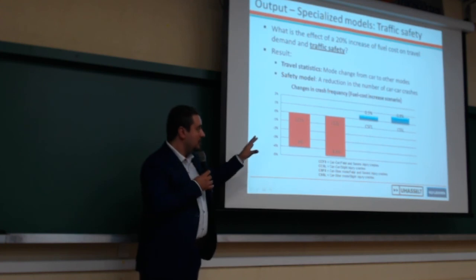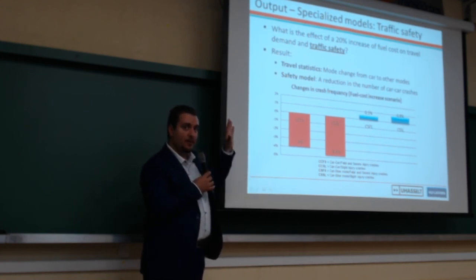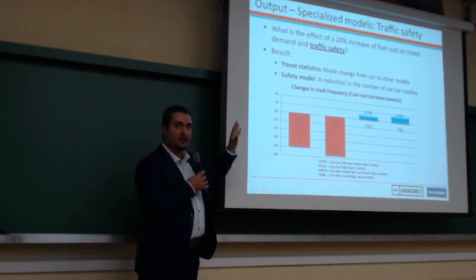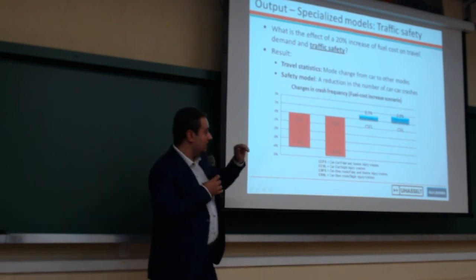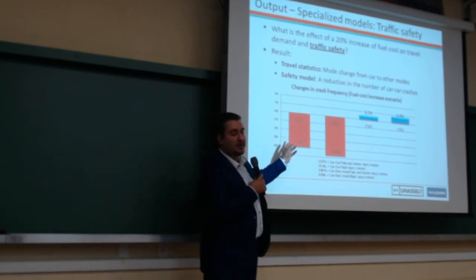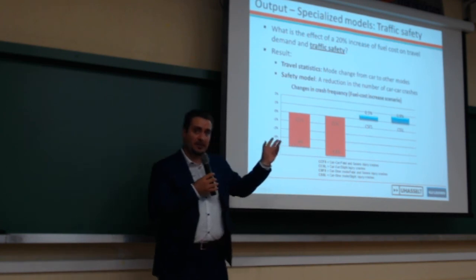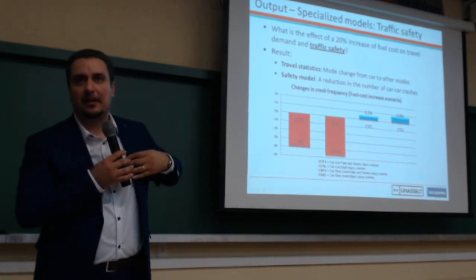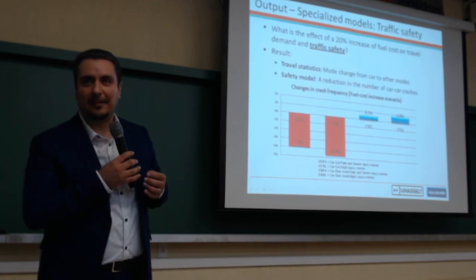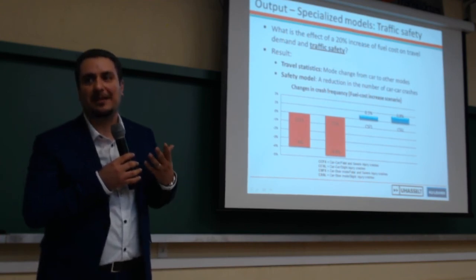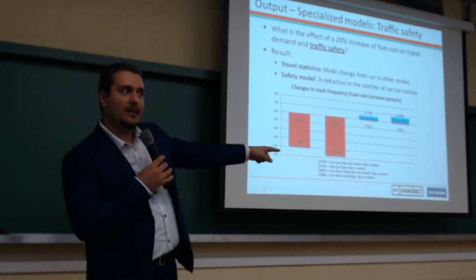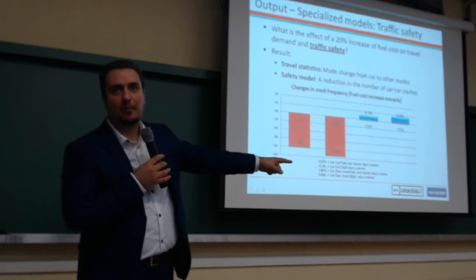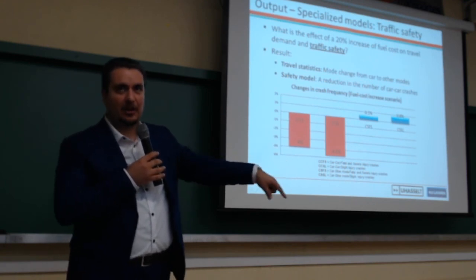So this is important to know that if we increase fuel cost, regardless of whether it's going to be 4% or 5%, of course that's something that is a prediction, because crashes are random and rare events, so you don't basically know if there will be indeed a 4 or 4.5 or 5% reduction in crashes.